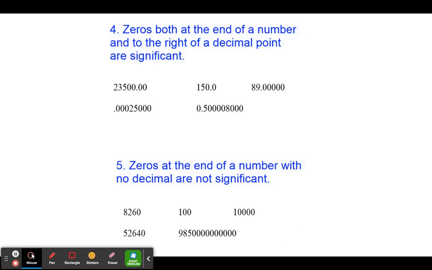What about 0.500008000? 9, because they're after, they're all after the decimal point.